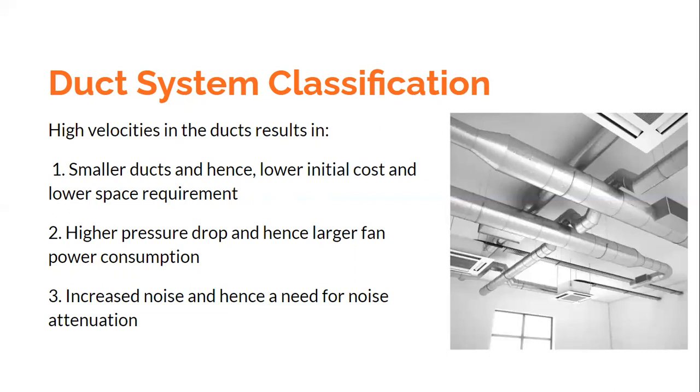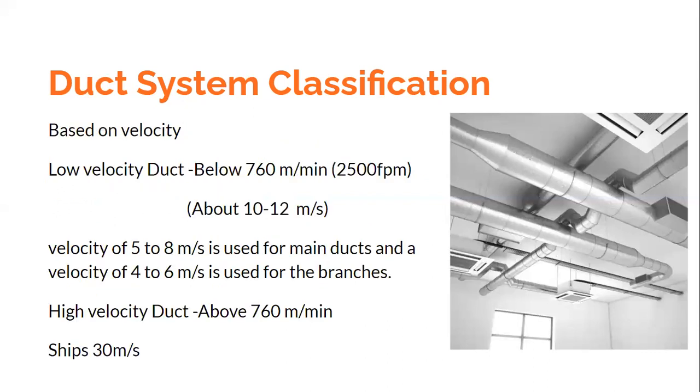Now, what are the advantages of going for higher velocities? When you say higher velocities, as I said, we go beyond 10 meters per second. Or even within the low velocity ducts, 5 meters per second is low relatively speaking, compared to the 8 meters per second choice. So whether one should choose 8 meters per second or 5 meters per second.